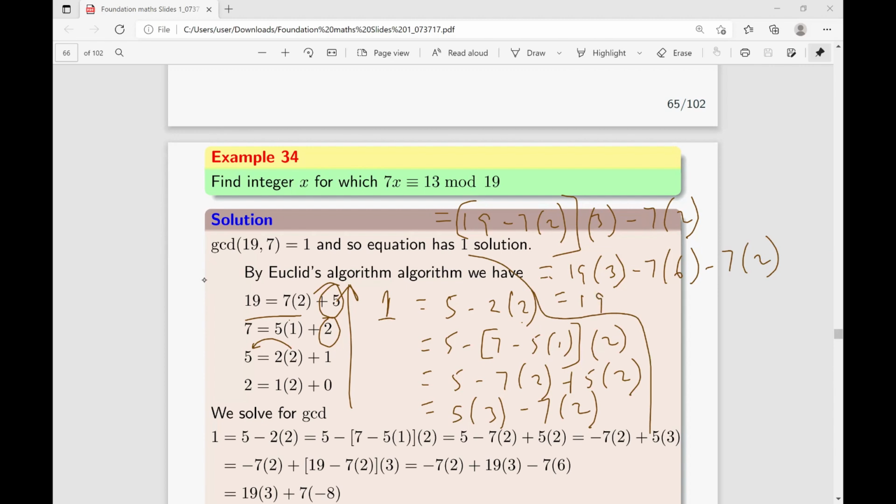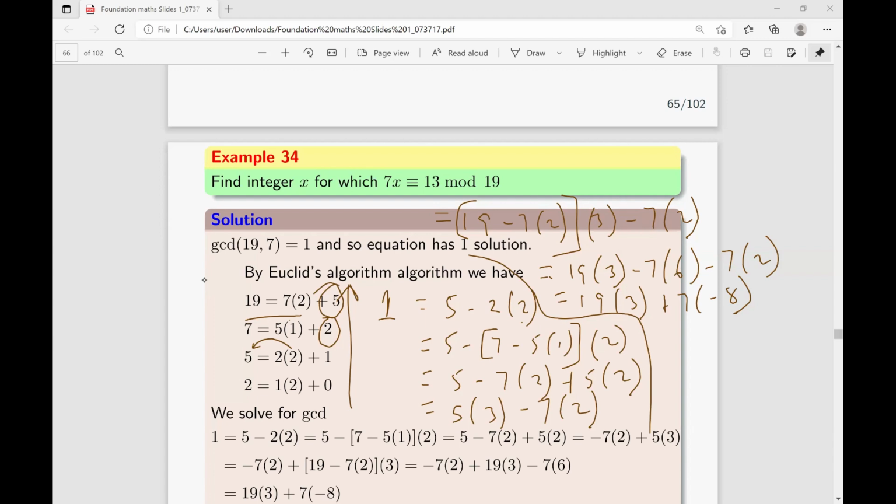First of all, you have 19 multiplied by 3, and then you have 7 multiplied by negative 8. Negative 6 minus 2. Is that okay?